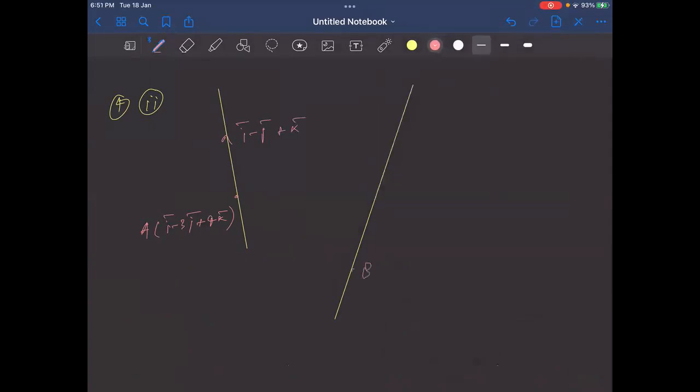Second line is passing through vector B, and it's along what? Correct? Is it clear with the diagram?